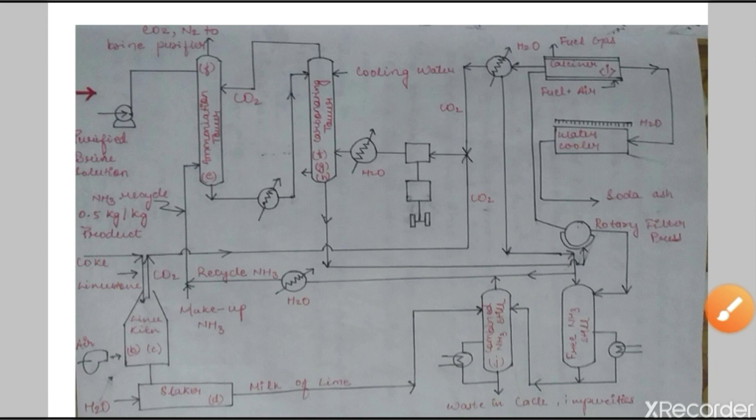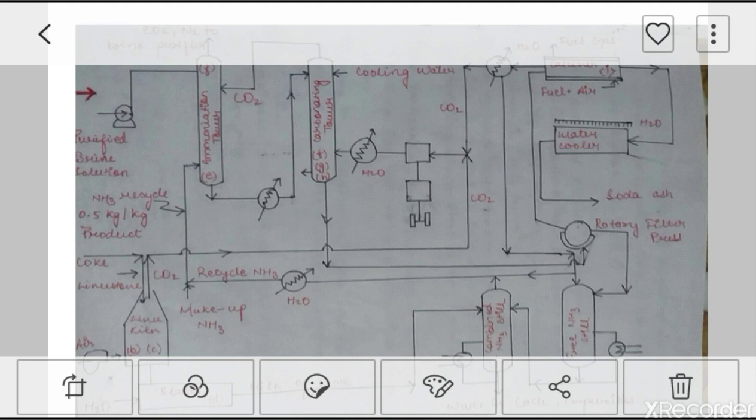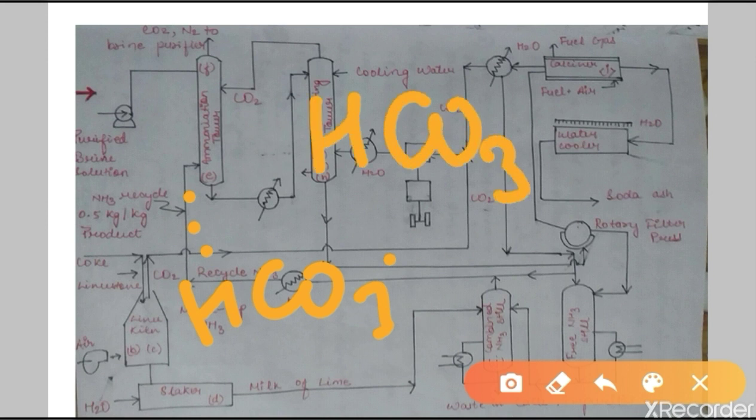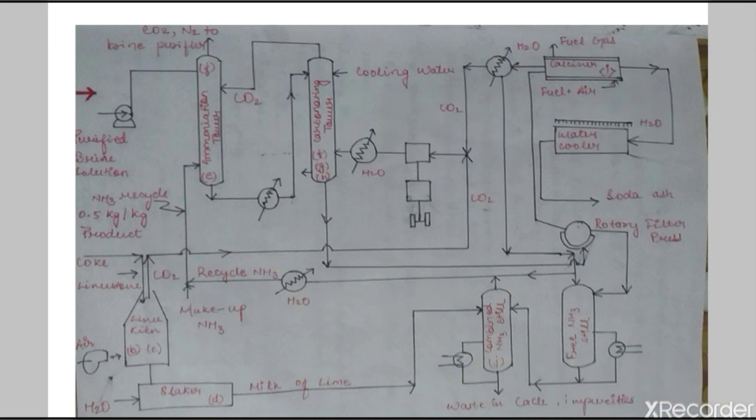In the carbonating tower, the liquor which contains NaCl, NH4OH, water, and HCO3 minus ion also is fed into this, and then the HCO3 minus ion reacts with Na plus ion to give NaHCO3.